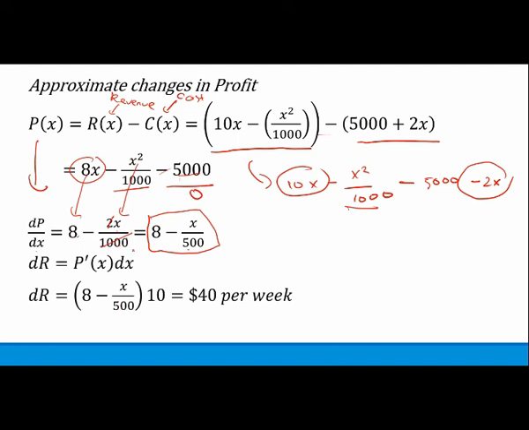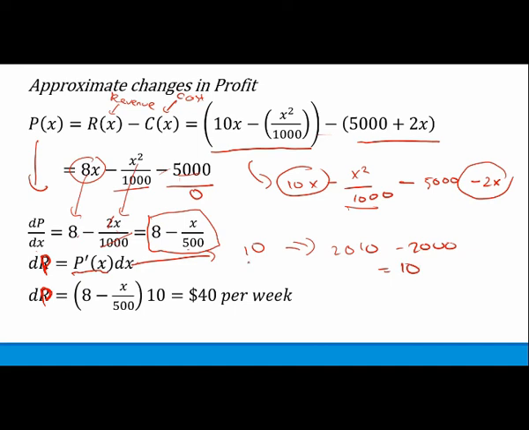Similarly, we use this approximate change formula: dP is equal to P prime x, dP per dx, multiplied by the difference of x. We know that dx is 10, because from 2010 minus 2000 is equal to 10.